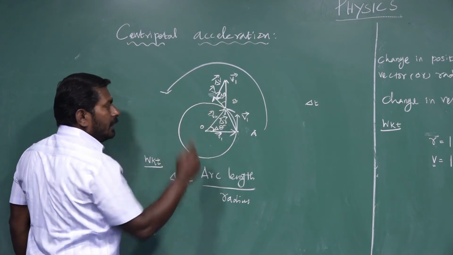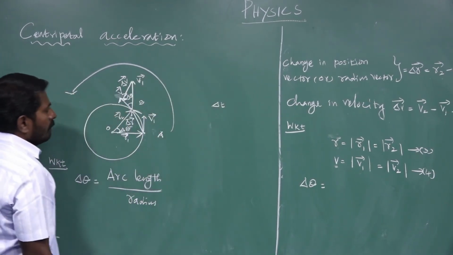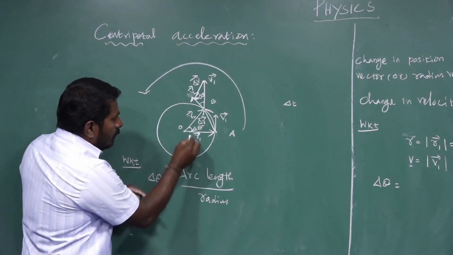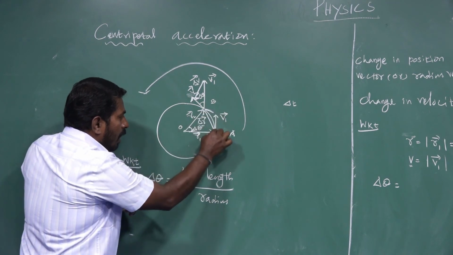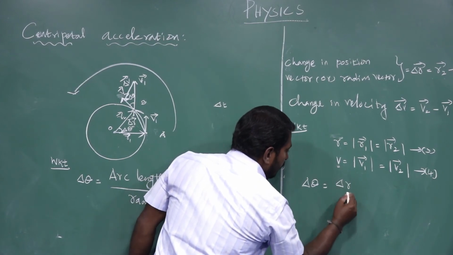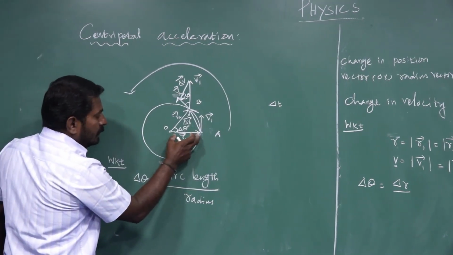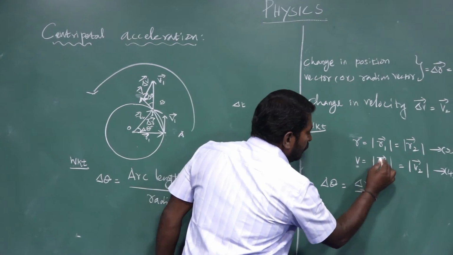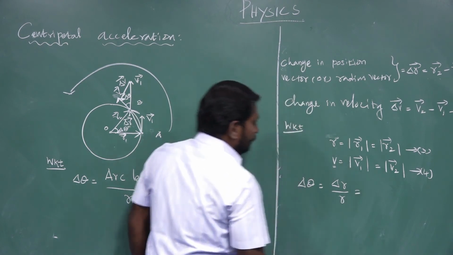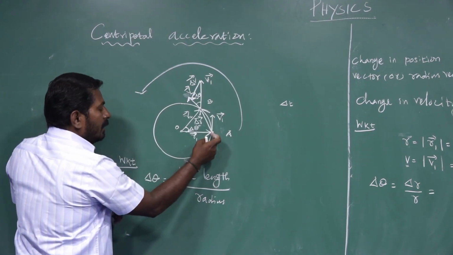So delta theta is equal to, initially we are going to see the change in position vector, delta theta, that is arc length del r, divided by radius, because r1 vector modulus is equal to r. Now take the initial velocity of the point object at point A along this direction.